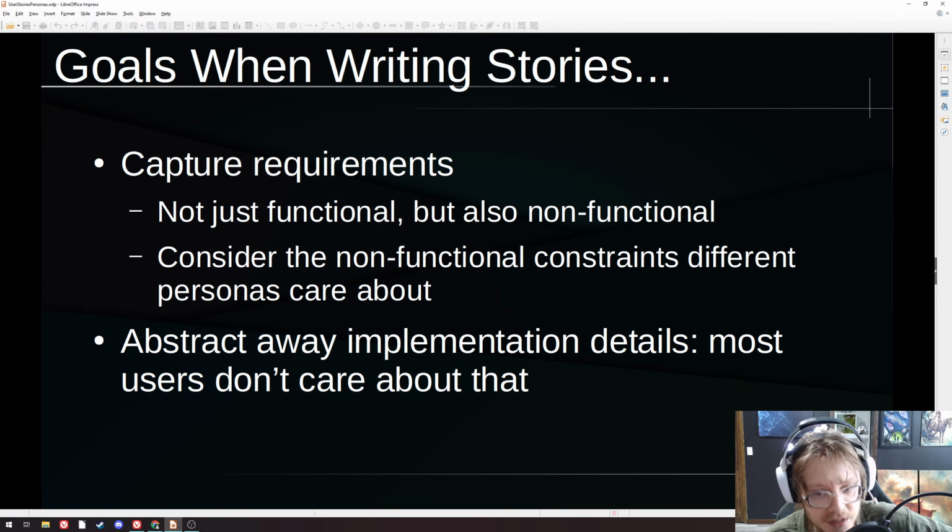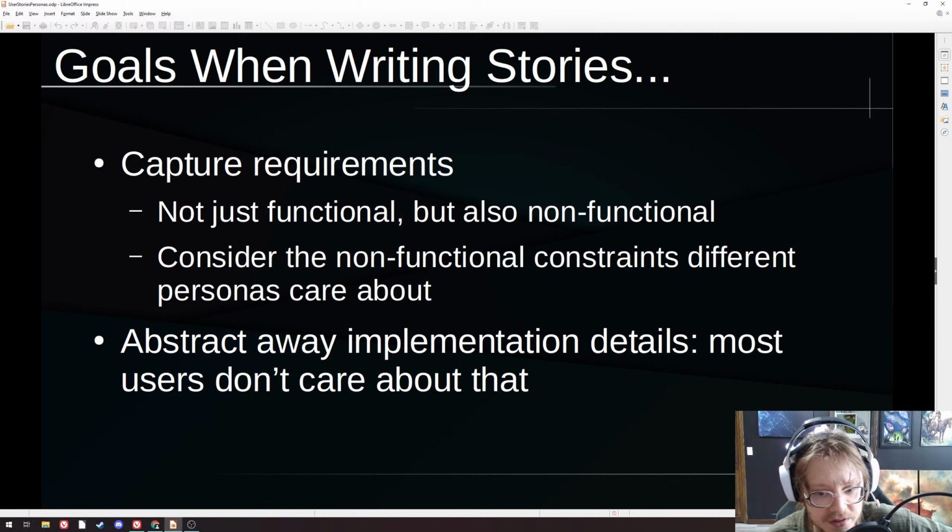And you want to capture non-functional requirements too. Consider the non-functional constraints that your different personas might care about. Are they obsessed with efficiency? Are they obsessed with looks, performance, whatever? They might have different non-functional preferences as well. Why would they choose your product over a different one too?